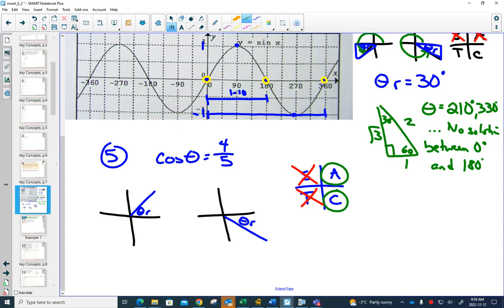Your actual angle will be exactly the same in quadrant 1, and this will be the angle in standard position in quadrant 4. And you can draw a triangle back to the nearest x-axis, and since cos is adjacent over hypotenuse, you would know this side is 4, this side is 5, this side is 4, this side is 5.